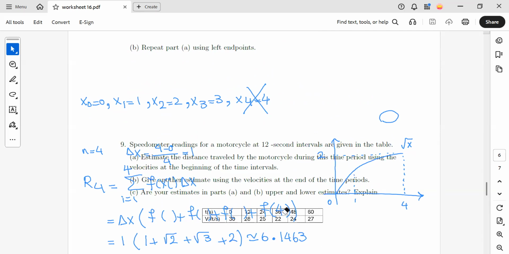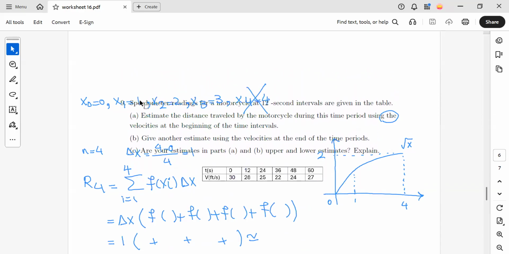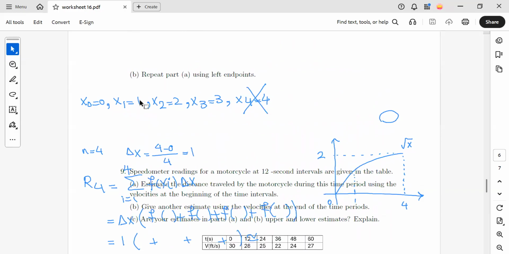So let's correct all these. Let's move it somehow. Okay, I can write it like this.